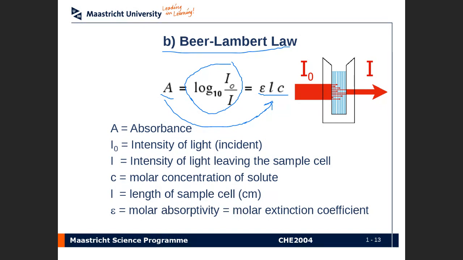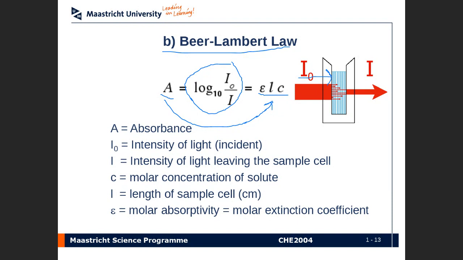This I is just intensity. This is the intensity of light, or radiation, to be more rigorous, entering and leaving the cell. The intensity of light entering is I0, and the intensity of light leaving is just I. And the log of the ratio of those two is then absorbance, which is equal to epsilon C L.